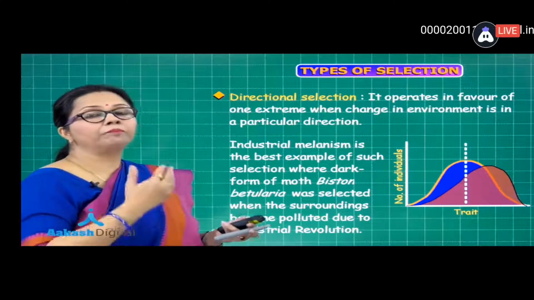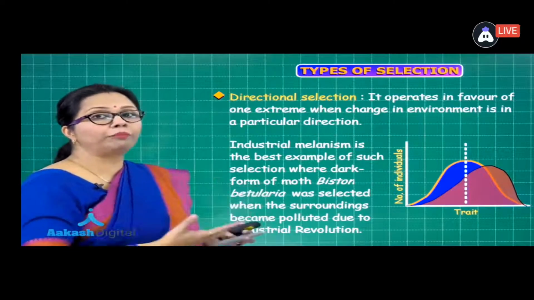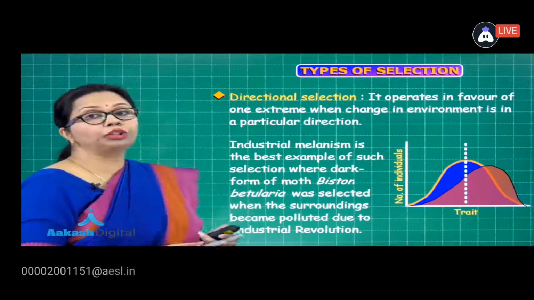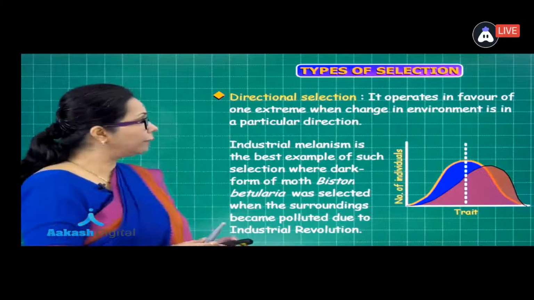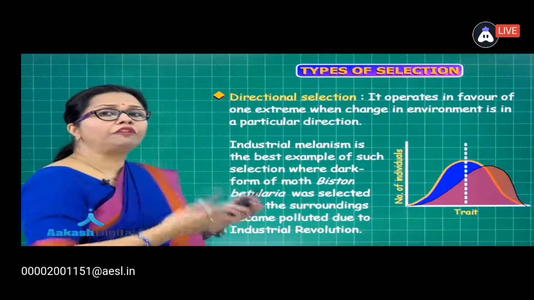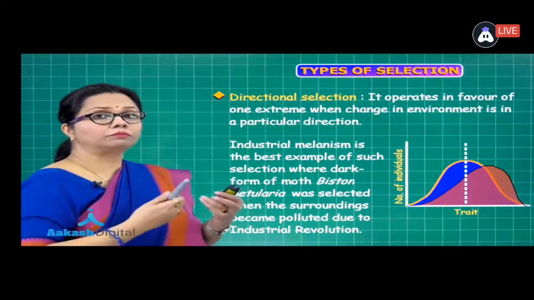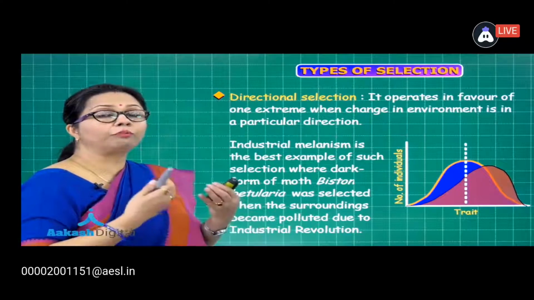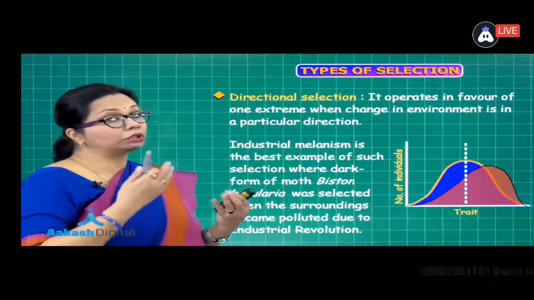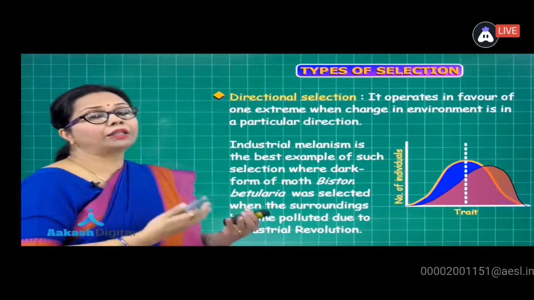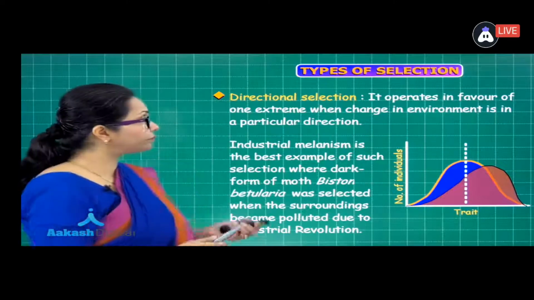Ultimately, that led to the development of a particular evolutionary lineage, so only the long-necked giraffes are now present. And all artificial selection, because humans select for the best yield out of the plants or the animals, is selection of one extreme, and that is also directional selection.